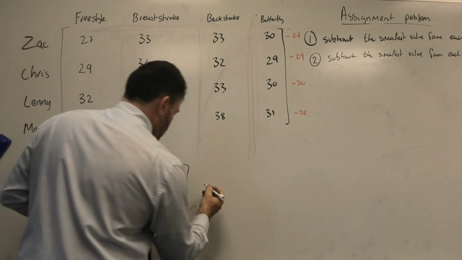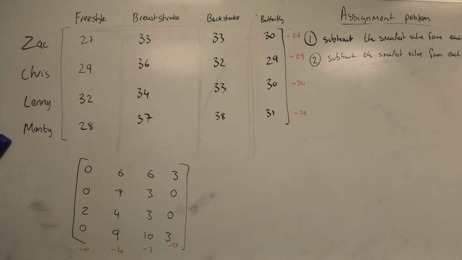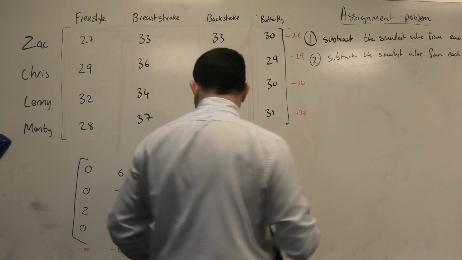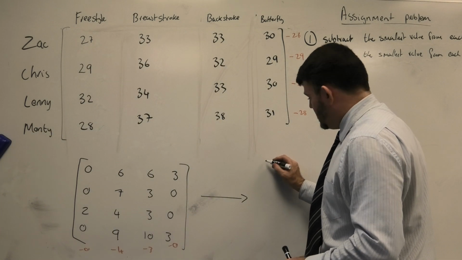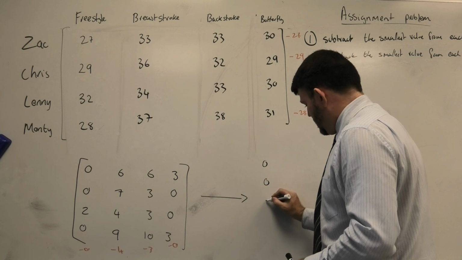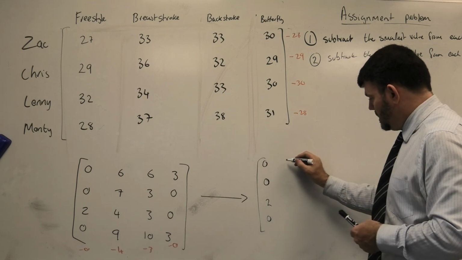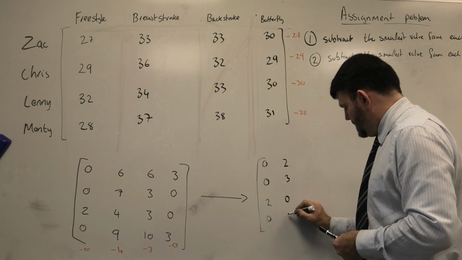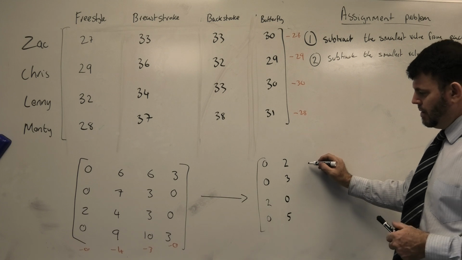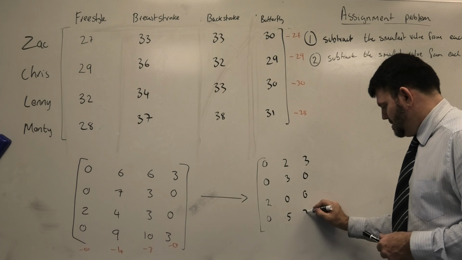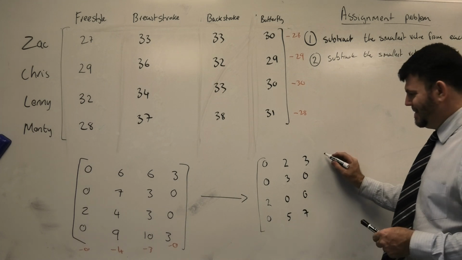There's no use subtracting from it because you can't get any negative values. So we write our new answer over here, and that gives us 0, 0, 2, and 0. Then 2, 3, 0, 5. And 3, 0. We don't have a calculator. Simple maths.